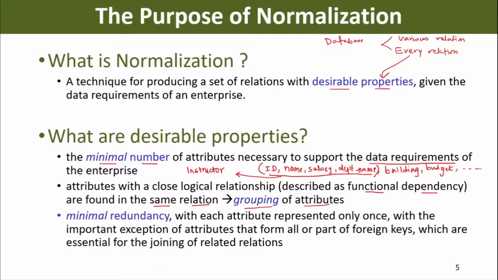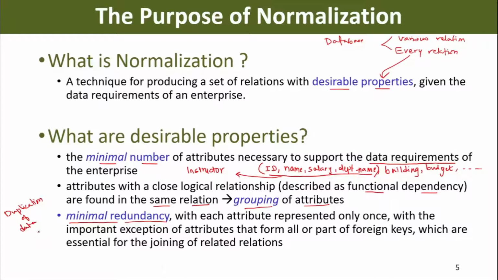Because these attributes are closely related with one another. Okay? Now, the third desirable property is that we should have minimal redundancy. So what does redundancy mean? Redundancy means duplication of data. So we should design our relations such that we have minimum duplication of data.